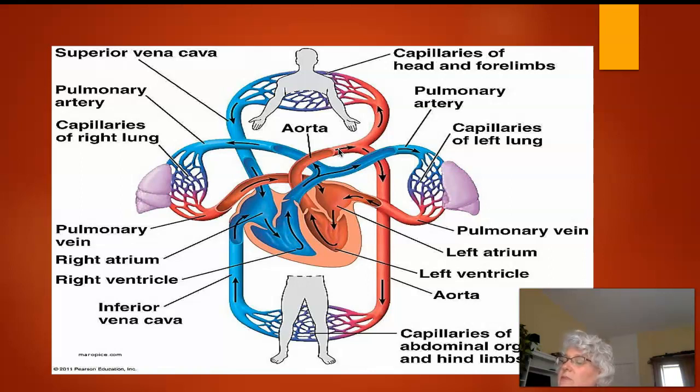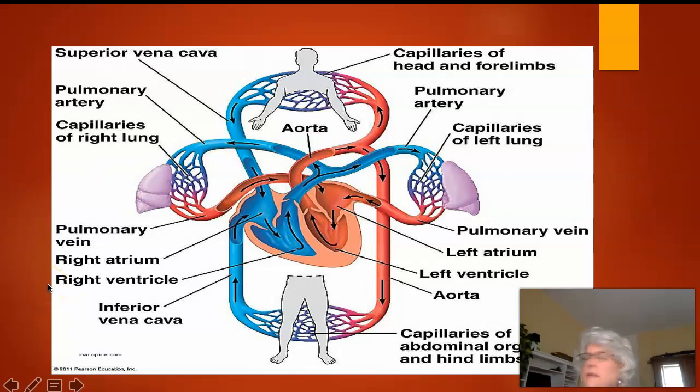Okay, so we have EKGs. I'm sure you've all seen some of those now. From the outside of the body using electrodes, we can track that electrical activity of the heart, and we'll be talking more about that.